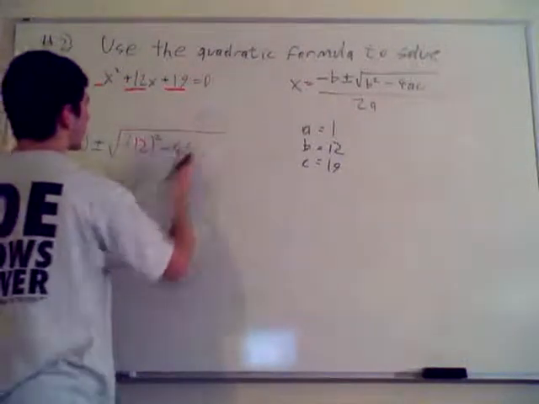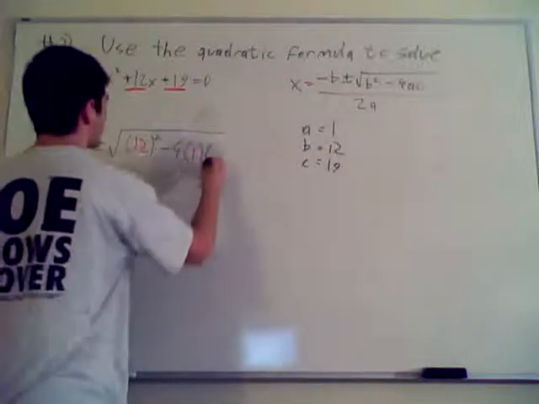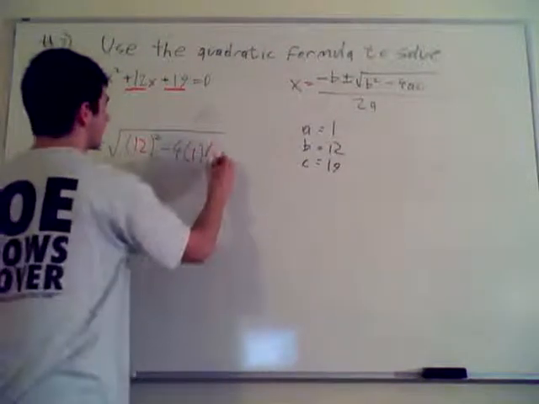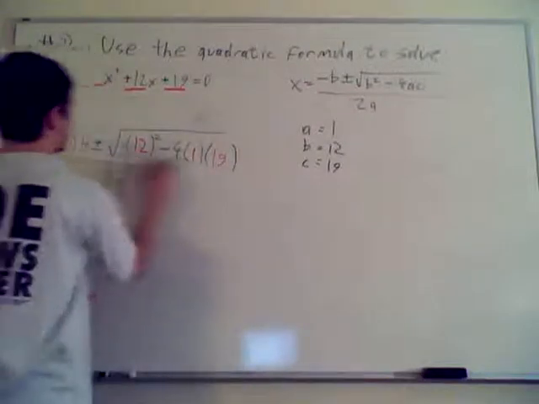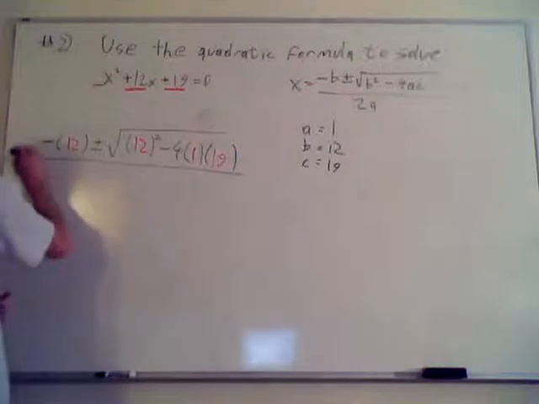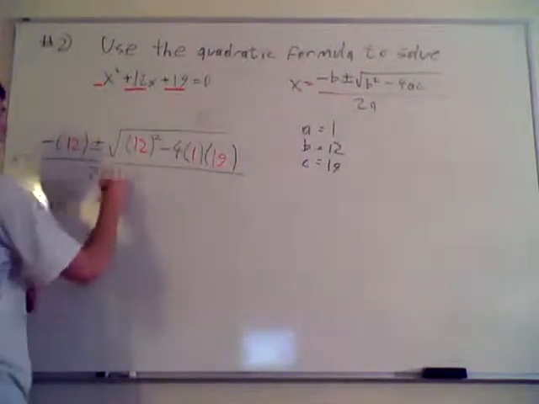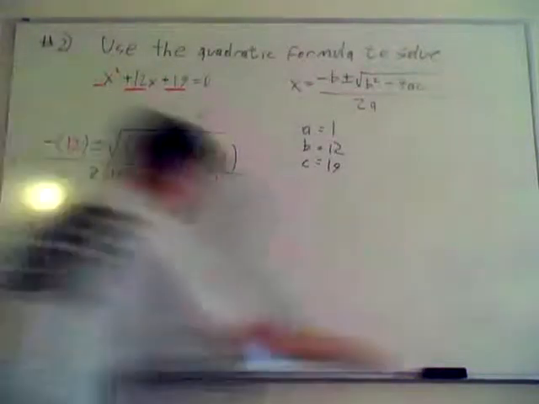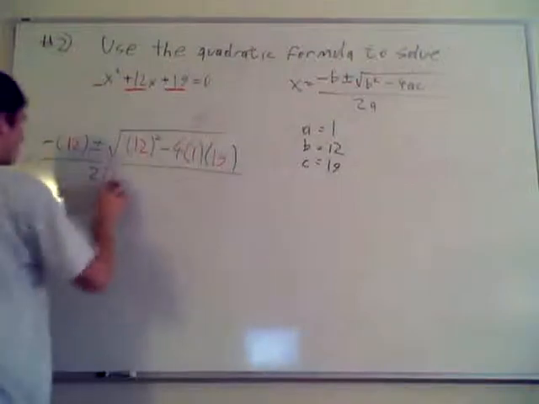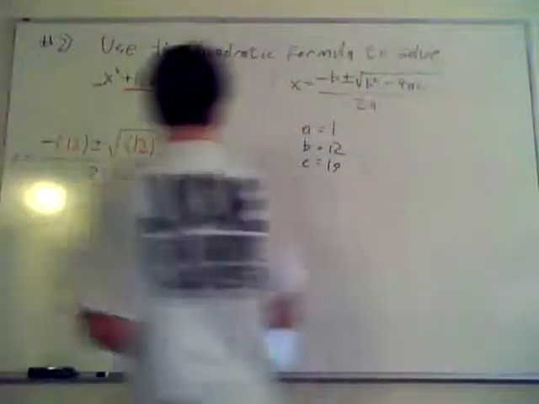Minus 4a, a is 1. c is 19. x equals, all over 2a. And a, again, is 1. Alright? Or, shoot. Let's see, keep it consistent. Yes. There we go. Alright?